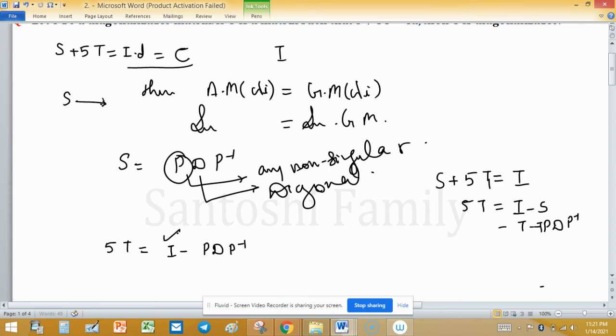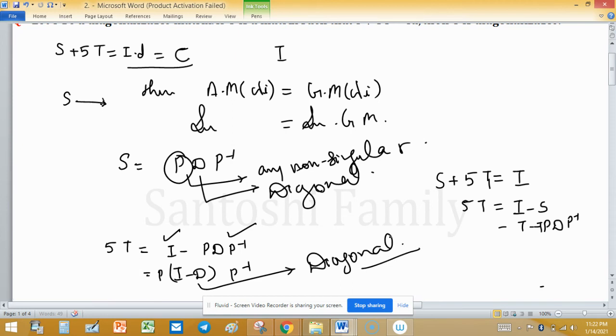D is a diagonal matrix, and identity is also a diagonal matrix. So it can be written as P (I minus D) P inverse, writing P outside and P inverse. This will also be a diagonal matrix, because the difference of two diagonal matrices is again a diagonal matrix.